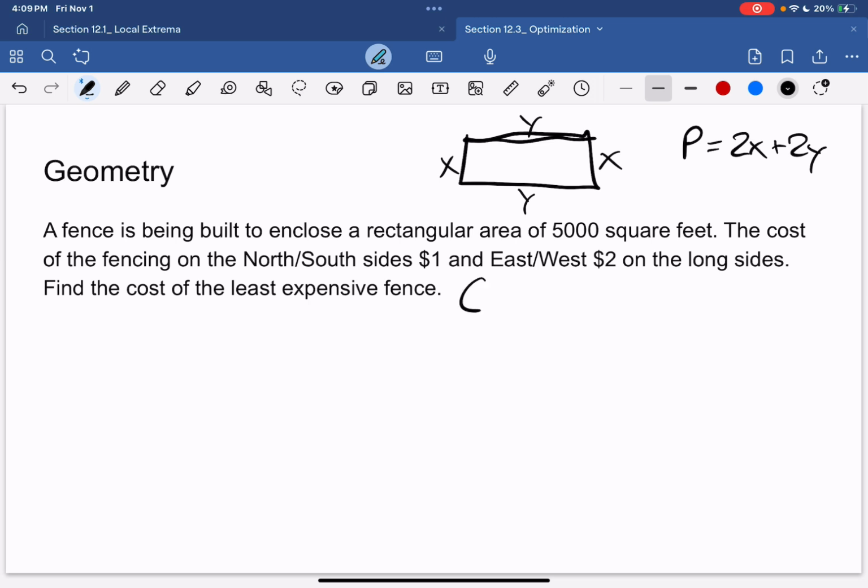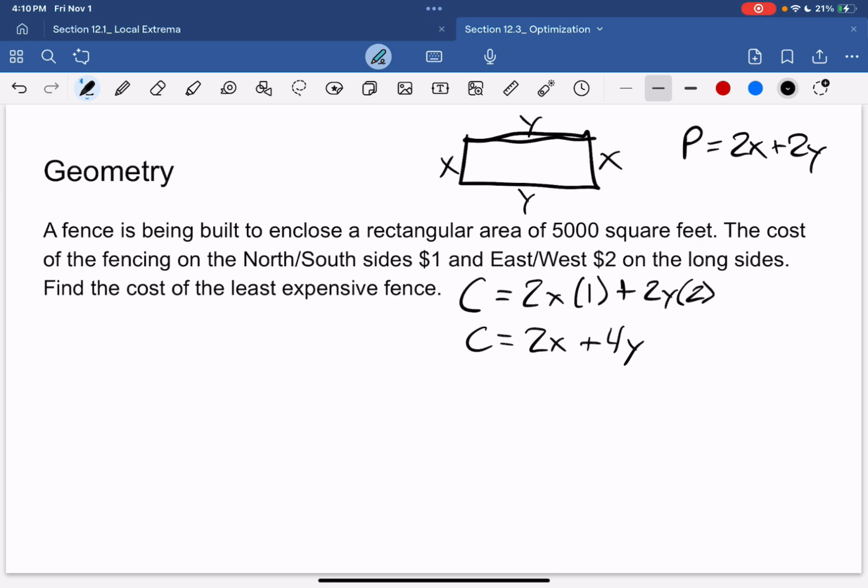My cost equation is the X sides times $1, because that's how much it costs for the X sides, and then $2 on the long side, so we need to multiply. That becomes 2X plus 4Y. So that is my new cost equation.